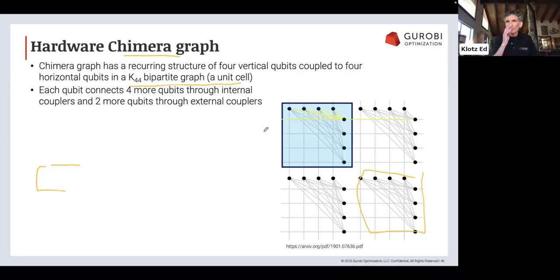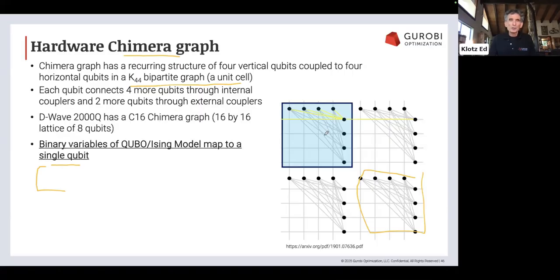So in terms of embedding non-zero structure into this graph structure, it's important to note that even the complete graph of size 3 is not a subgraph of these 4x4 bipartite complete graphs. So we have some work to do. We can't just immediately embed even relatively small portions of the Q matrix into this graph.